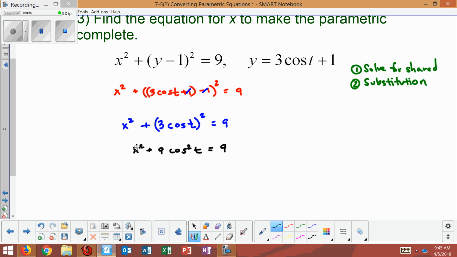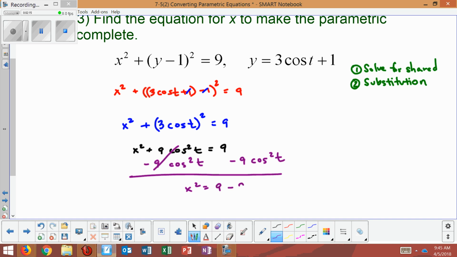To solve for x, I'm going to subtract the 9 cosine squared t from both sides. When I do that, this goes away, and I have x squared equals 9 minus 9 cosine squared t.